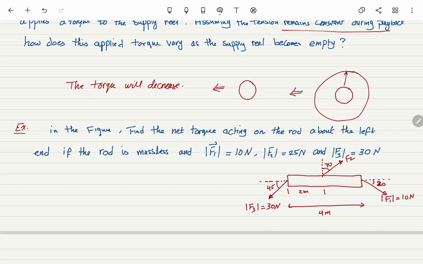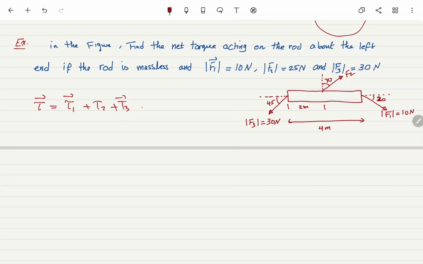In this question, we actually look for the net torque acting on the rod. As we mentioned before, the net torque is the vector sum of all produced torques. So torque equals torque 1 plus torque 2 plus torque 3, and that's it. Let's find torque 1.